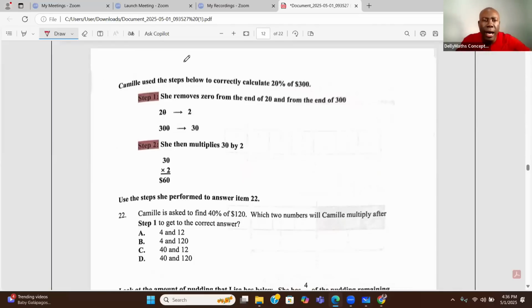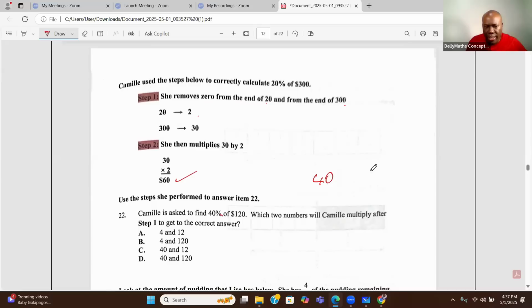Camille used the steps below to correctly calculate 20%. Okay, so this is how Camille does it. Calculate 20% of 300. So the step is that you remove the 0 from the 20 and from the 300. All right, and then you multiply these and you get 60, and this is correct. Right, good. So we want to use that to work out this.